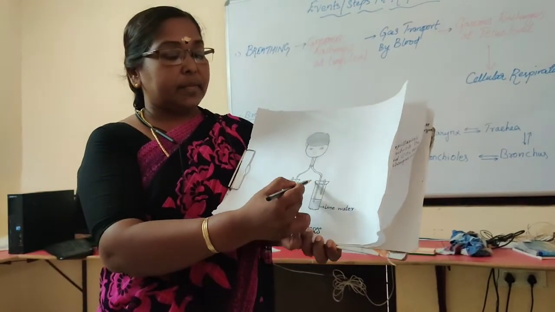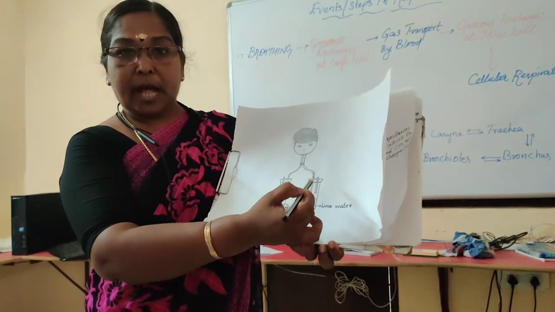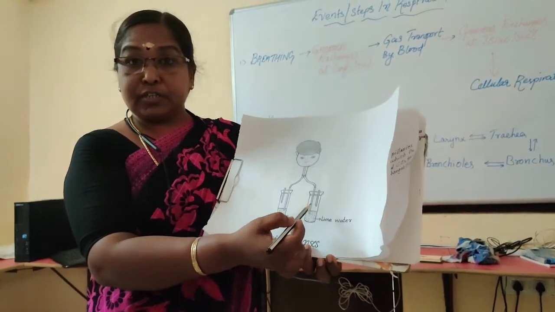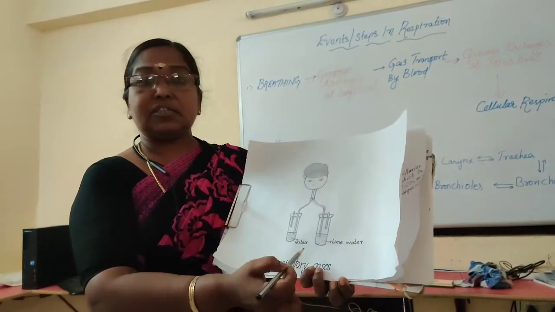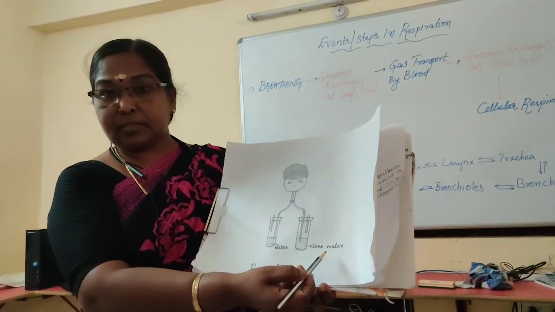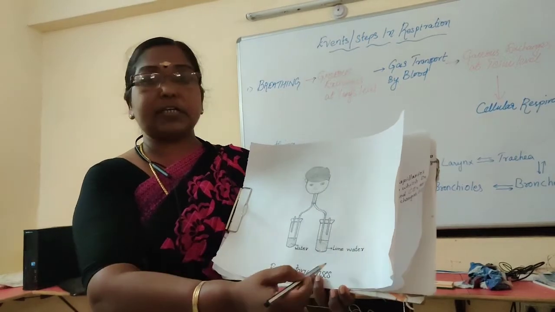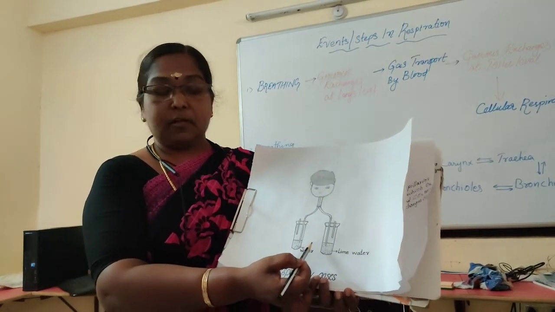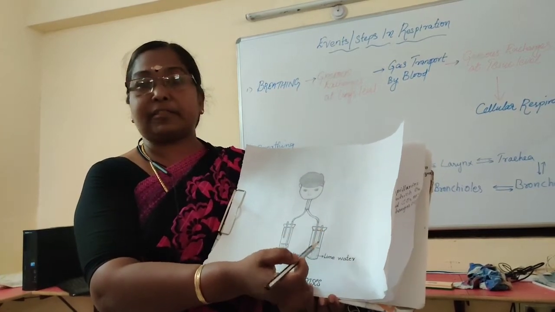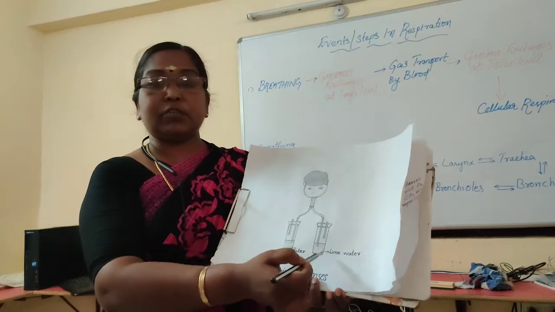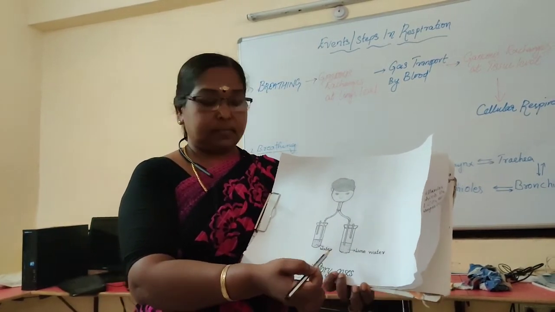Then we see that the test tube with lime water, into which we introduced air from our mouth, changes into a white precipitate. That means the presence of carbon dioxide; the lime water turns milky. From this experiment we understood what air we breathe out: carbon dioxide is released out from our body through the lungs.